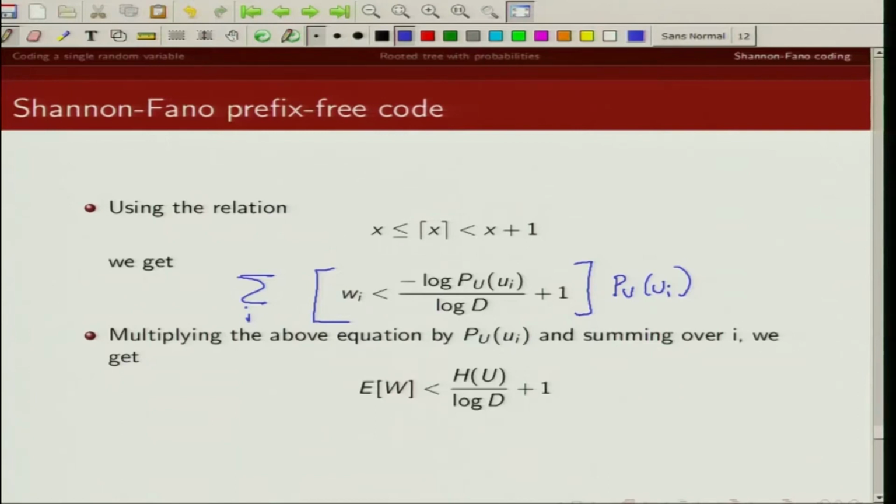w_i p(u_i) summed over all i's, that would be the expected code word length, and minus p(u_i) log p(u_i) summed over all i, that is the entropy function, times log D, and the summation of p(u_i) over all i's would give me 1. So what I will get is a simple upper bound on the expected code word length.